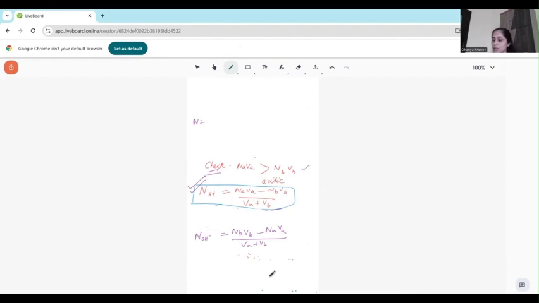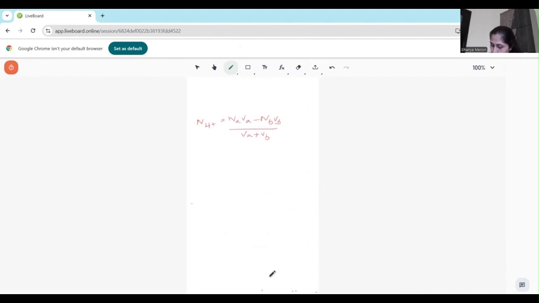Coming to a question over here. This is one of the JEE questions. 0.2 normal 100 ml HCl is mixed with 0.3 normal, maybe the numbers are different, maybe 200 ml NaOH.